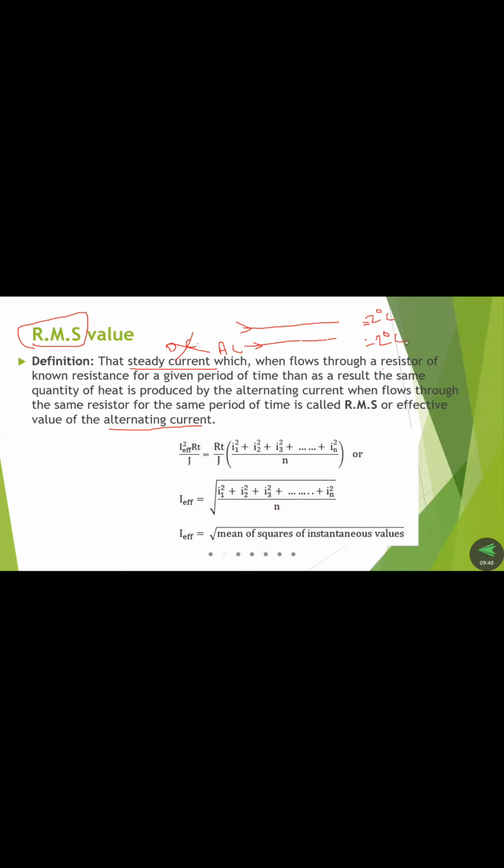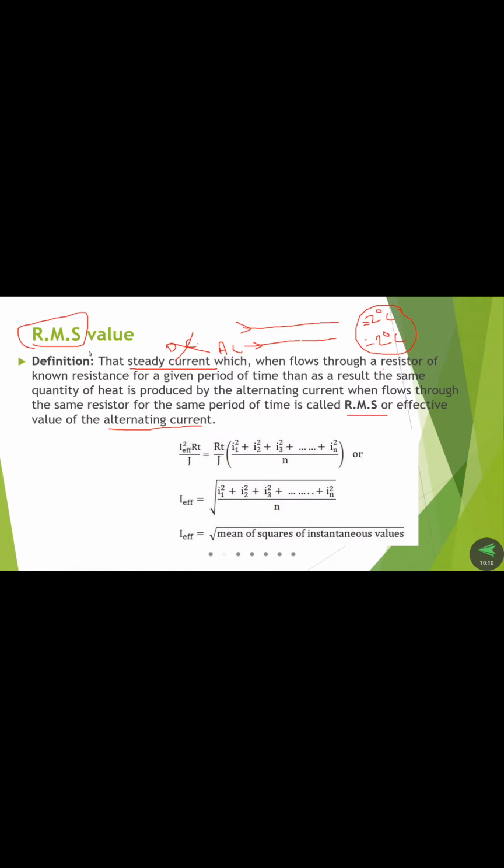That ratio is what we call the RMS value. The amount of heat produced is the same whenever DC current and AC current flow within a given time period. That is what we call the RMS value.